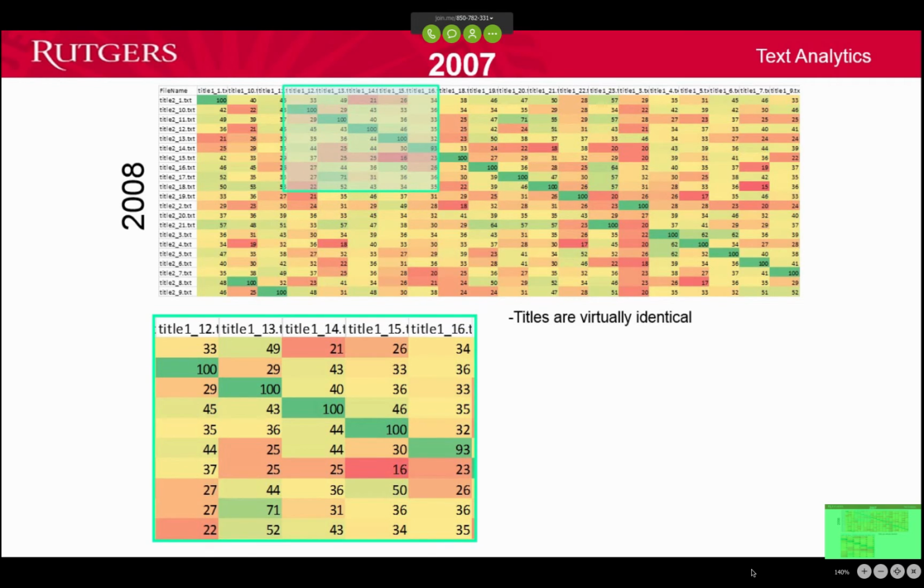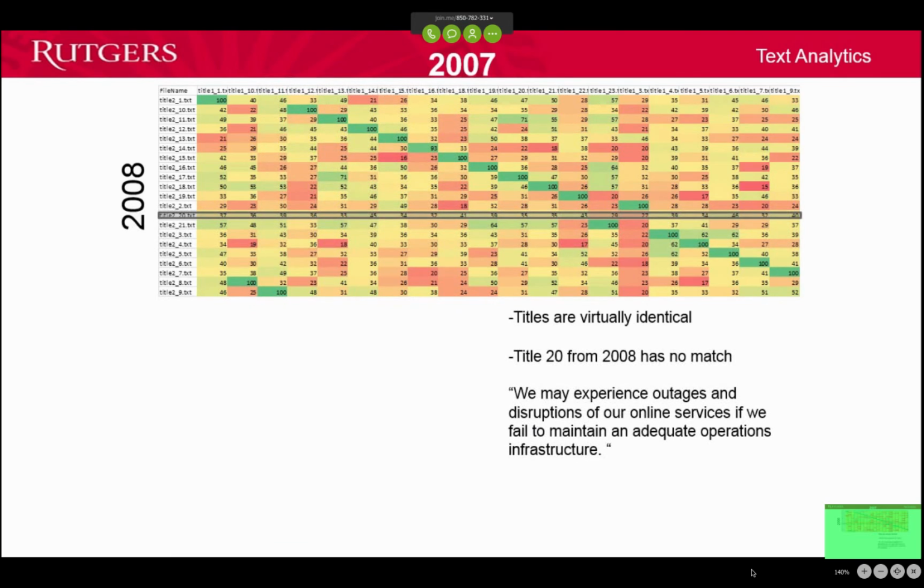So the titles are basically identical because you can see they each have a match. But there is one title that has no match: Title 20 from 2008. This is the only new risk that was added from 2007 to 2008.